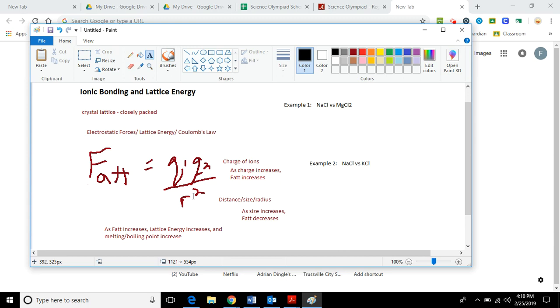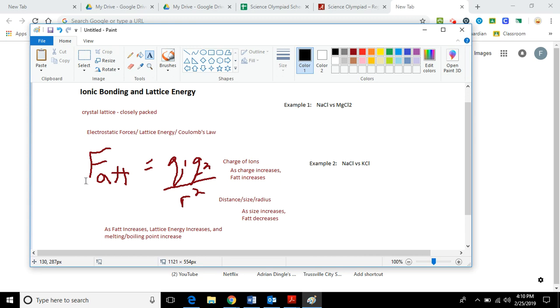So I look at Na and I look at K because Cl is the same for both of them. Na versus K. K is further down on the periodic table. So that means since K has a bigger size, it has a smaller force of attraction. Out of these two, which one has the greater lattice energy?